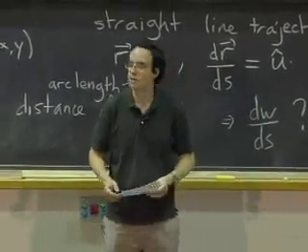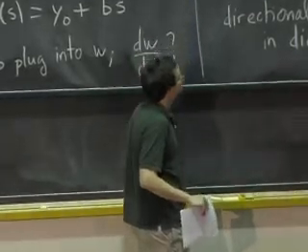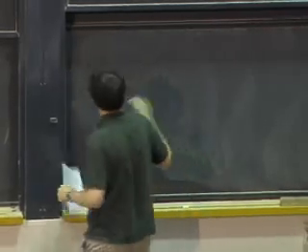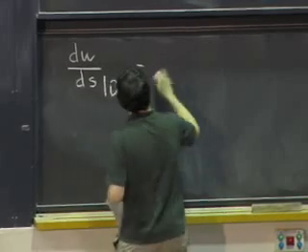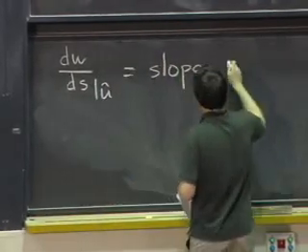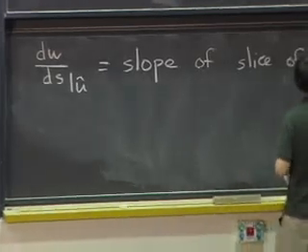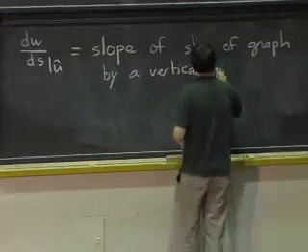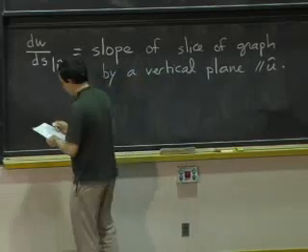No? Okay, so let's see how we compute that. Let me write it again, just in case you didn't hear me: it's the slope of the slice of the graph by a vertical plane that contains the given direction u, that's parallel to the direction u.